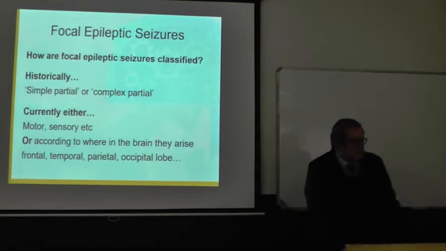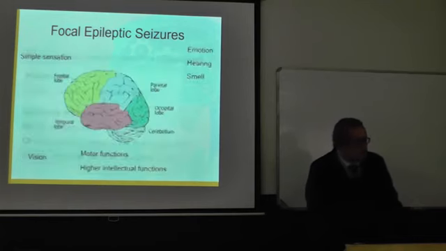So, previously we called focal seizures partial or complex partial. Complex partial then meant that the child had clouded consciousness, whereas now we just describe the way it starts and whether it's motor or sensory or where in the brain it actually originates.